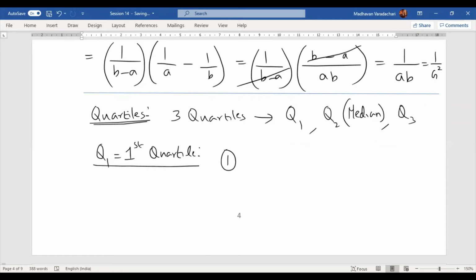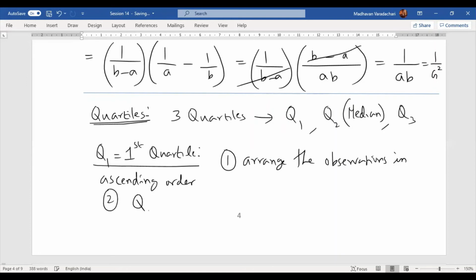First step: arrange the observations in ascending order. Then second step: first quartile, or quartile 1, is calculated as 1/4 times (n plus 1)th value.